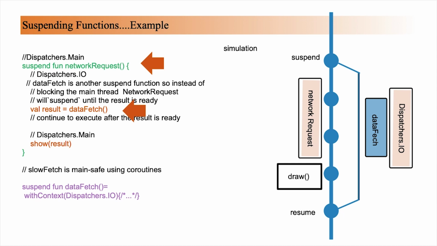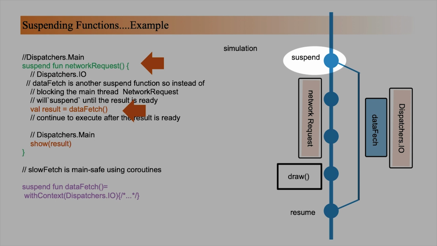The network request suspend function, instead of blocking the main thread, suspends execution until the result is ready, then it resumes where it left off with the result. While it's suspended waiting for a result, other functions like draw can run, and other coroutines.